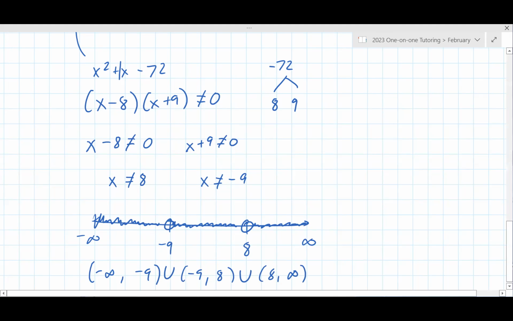Type that in. For future reference, I'll probably just draw the timeline, and that'll help me know the gaps between the unions.